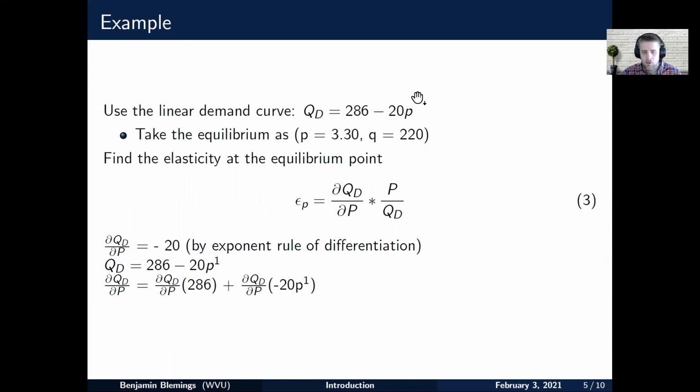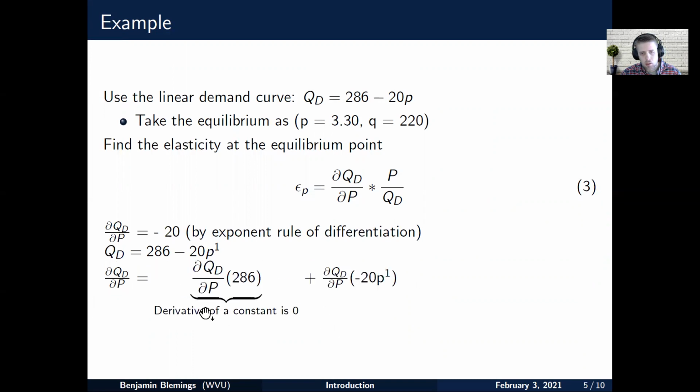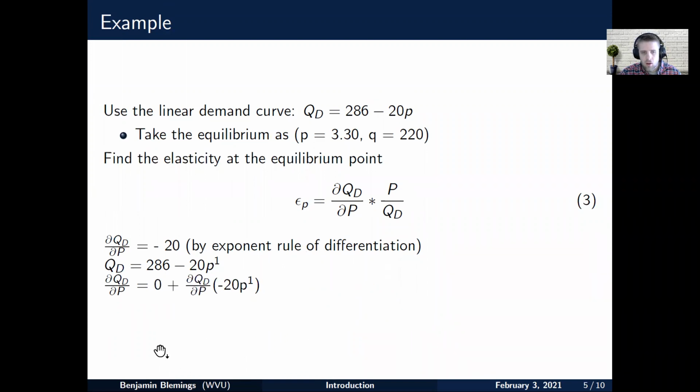Breaking up this demand curve into its two parts on either side of the plus sign, we know that the derivative of a constant is 0. For the other part, we use the exponent rule of differentiation: we multiply 20 by 1, and then we subtract 1 from the exponent itself.